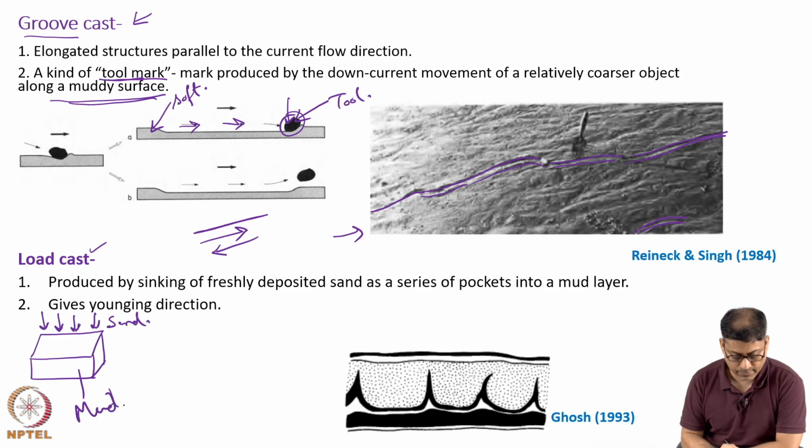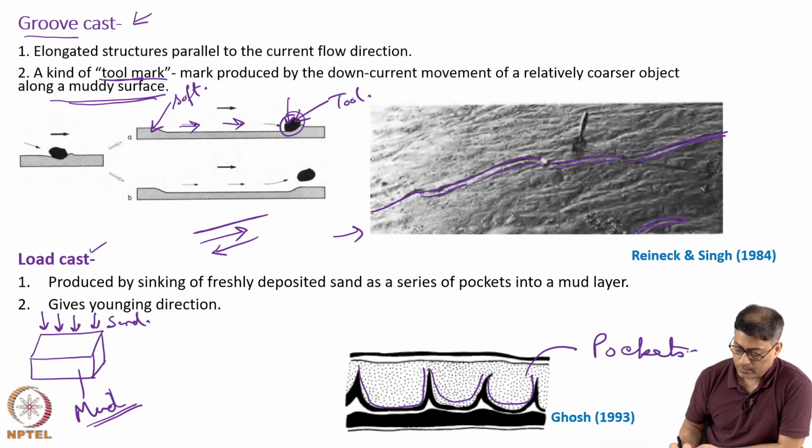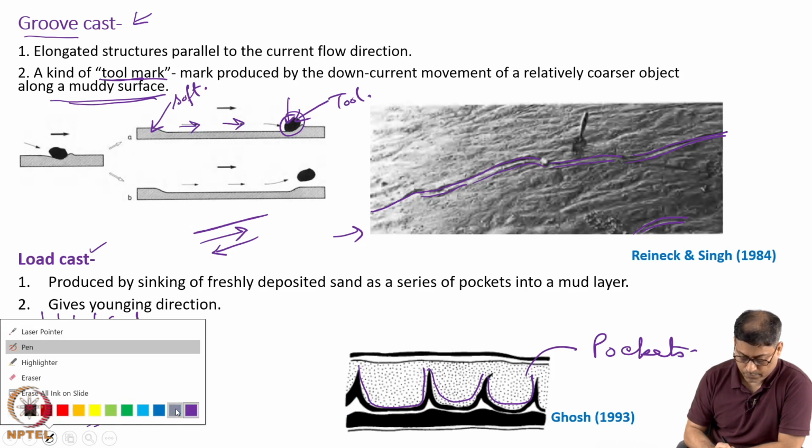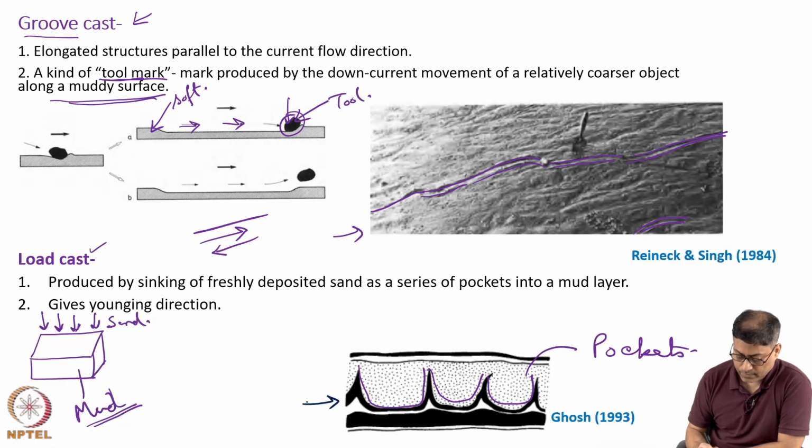Mud being soft, suppose it has not consolidated, then sand may deposit in pockets. These are the different pockets. And sand will sink, mud will move up. So, mud moves up and produces arrowhead fold.